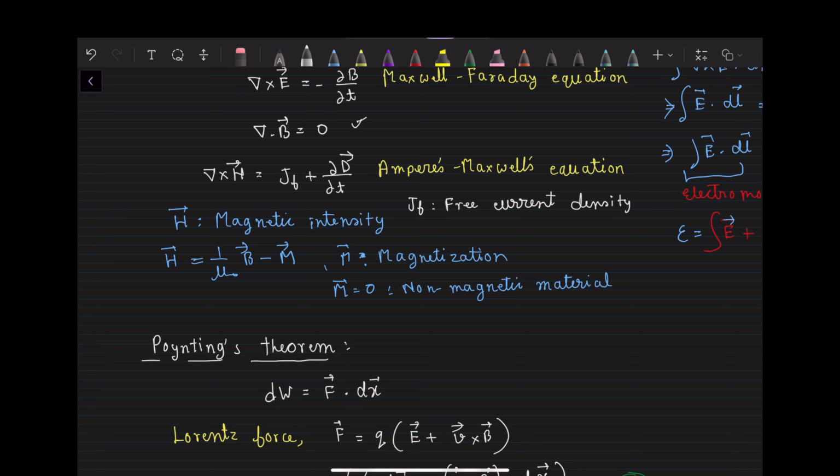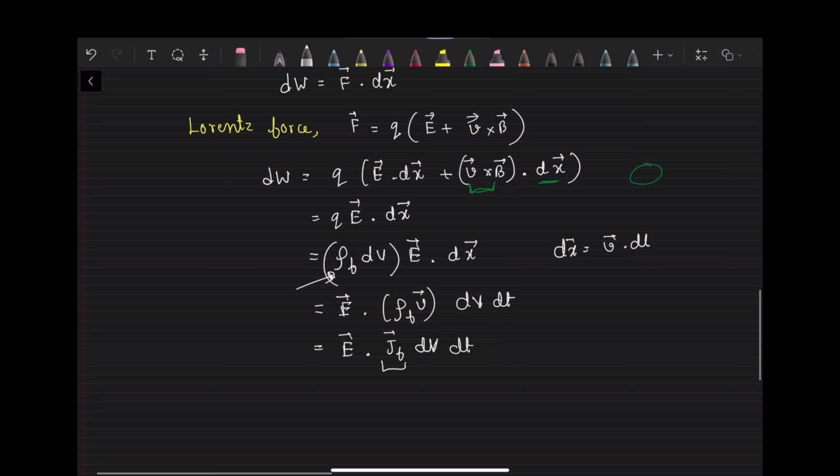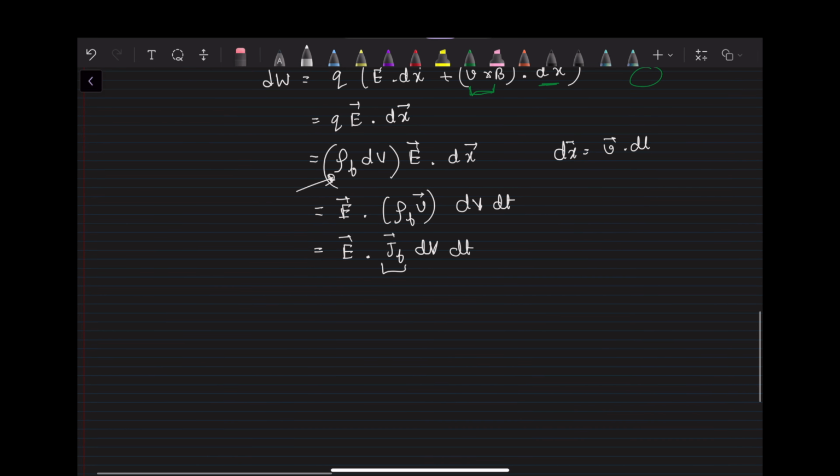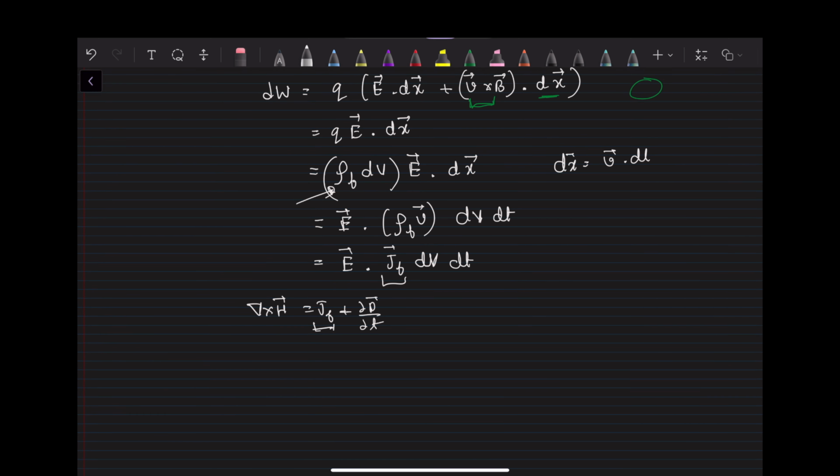So what we are trying to do is use all these Maxwell's equations, and we are trying to go in that direction such that we can make use of Maxwell's equation in the current form, so that we'll have something out of it, okay. So bear with me for some time. For Maxwell's equation, we had this, right? Now we have J_f in the previous equation, so we can in a way substitute this.